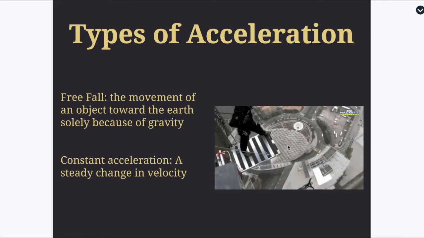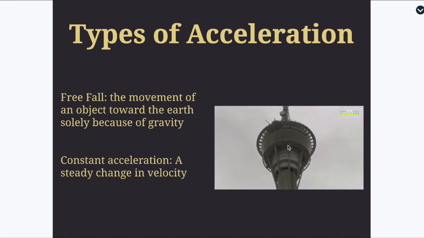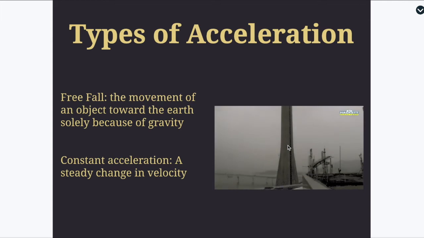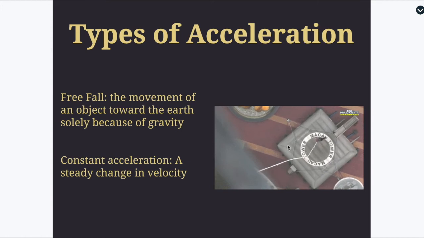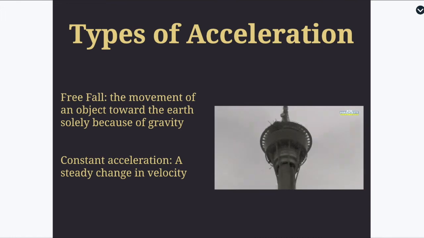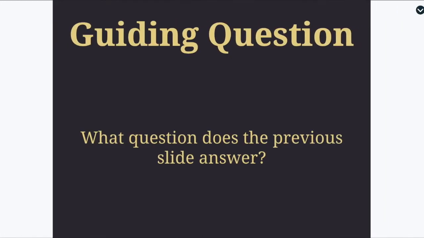After 1 second, you're going 1 meter per second. After 2 seconds, 2 meters per second. 3 seconds, 3 meters per second. 8 seconds, 8 meters per second. That would be a constant increase in velocity, which would be constant acceleration. What question does the previous slide answer?